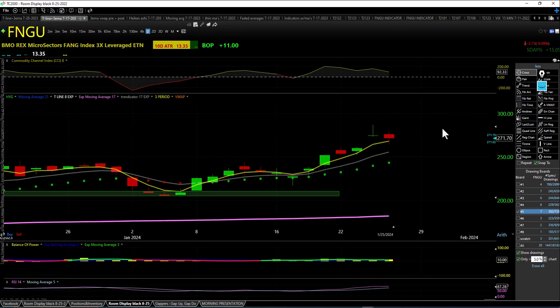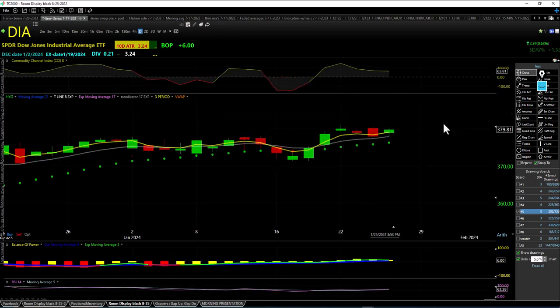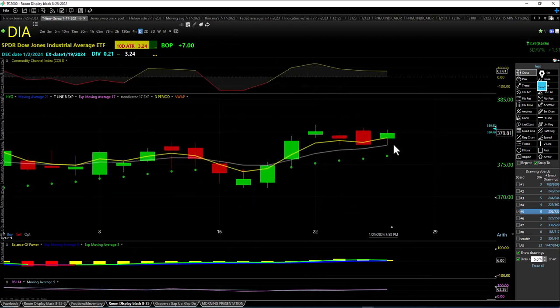FNGU lower high, lower low, closing over the trap, over the trend indicator, still bullish on FNGU. Diamond Dow got a lower high, equal low, closing above the trap, over the trend indicator, still bullish.